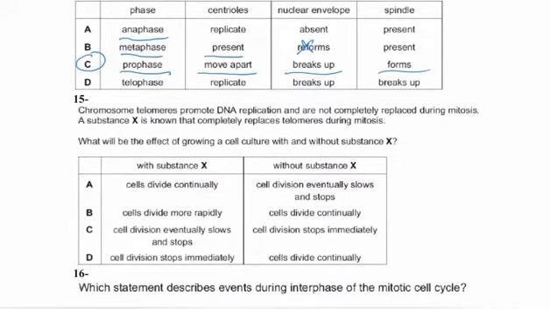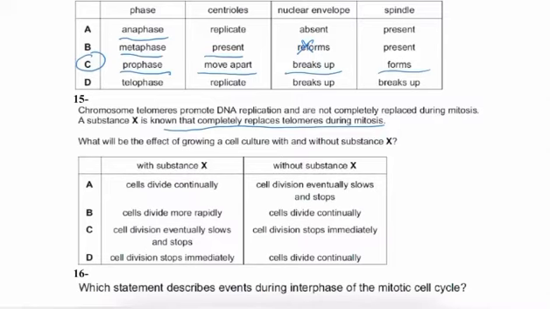MCQ number 15. Chromosome telomeres promote DNA replication and are not completely replaced during mitosis. A substance X is known that completely replaces telomeres during mitosis. We know that as the cells divide, they need DNA replication, and during DNA replication the telomeres shorten.